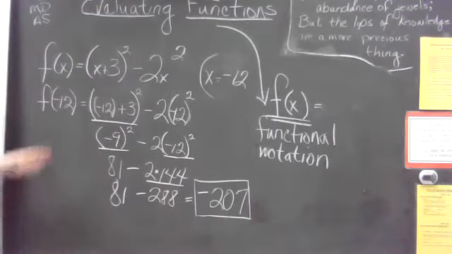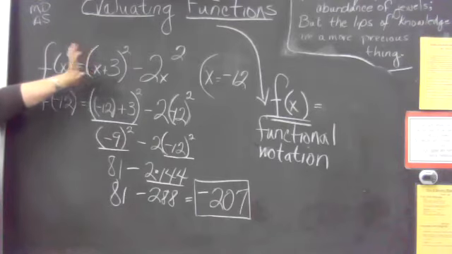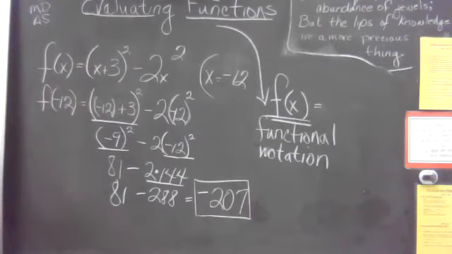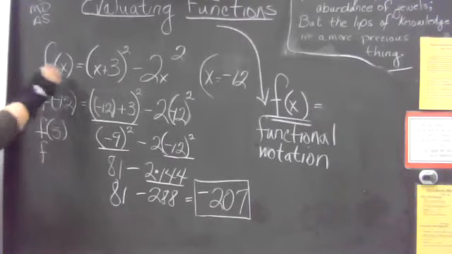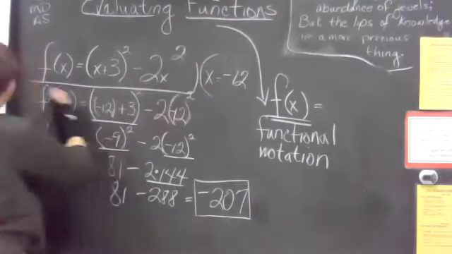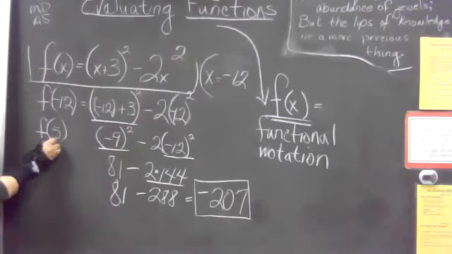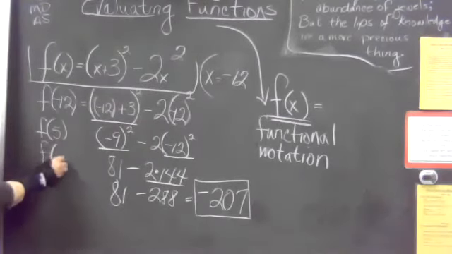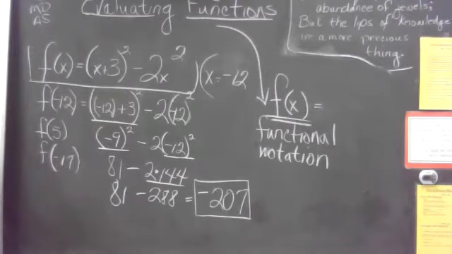Now understand that I can use this function over and over and over again. The next time I might want to plug a 5 in. And the next time I might want to do the same rule, or function, and plug a -17 in. You could plug anything in that you want into a function. But they give you the rule and then they tell you what to plug in.